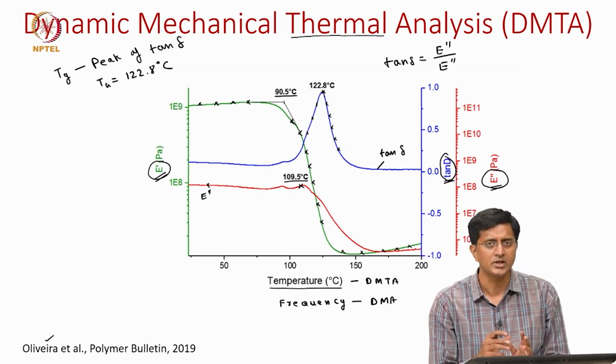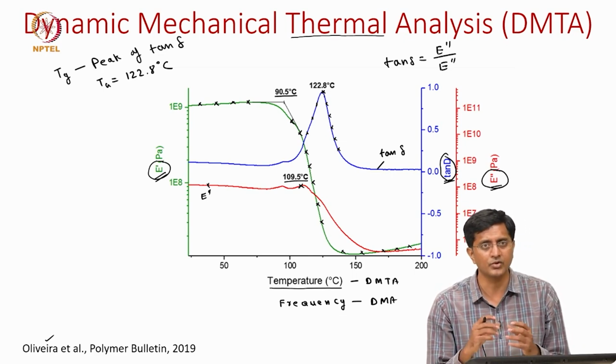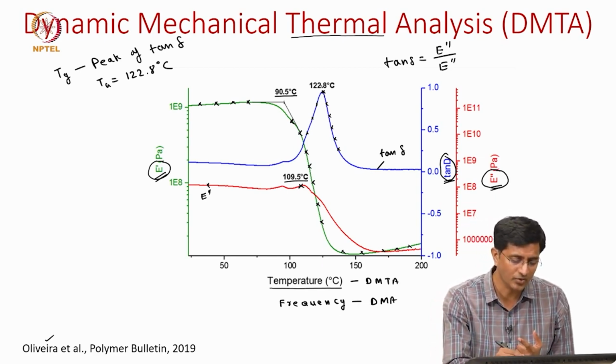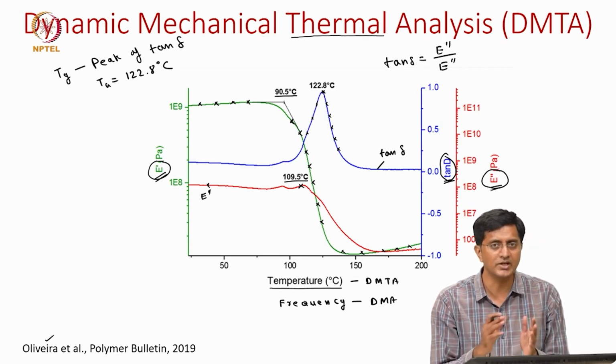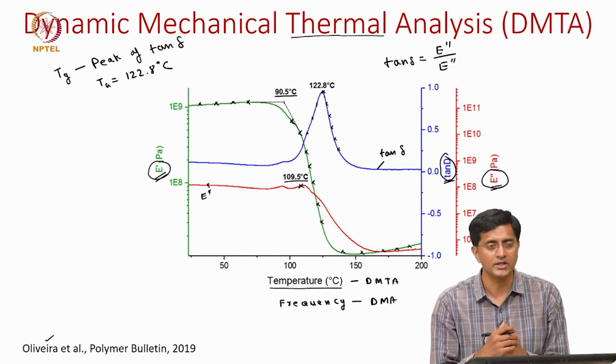As we notice, depending on your definition, based on tan delta you have it at 122, based on the storage modulus 90, and based on the loss modulus 110. The variations are huge. So, it is very important to report the glass transition temperature also with the method by which you are reporting it.